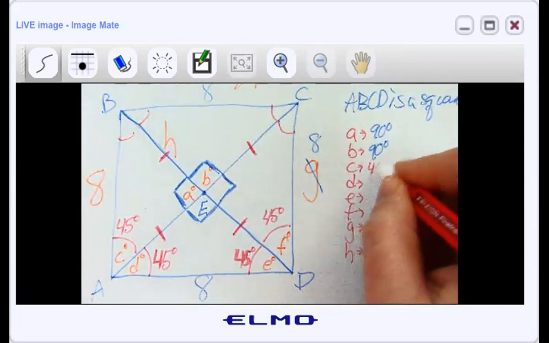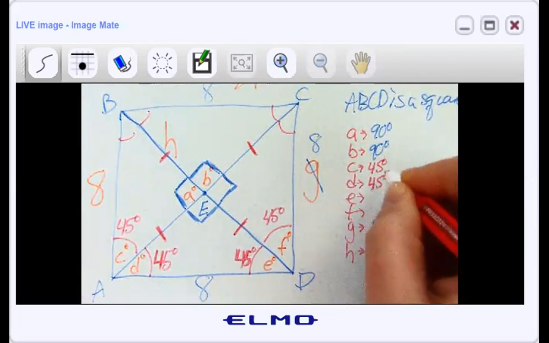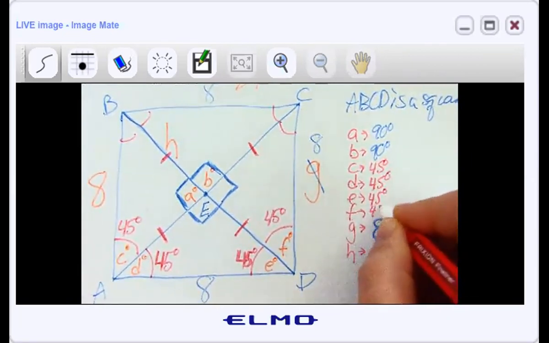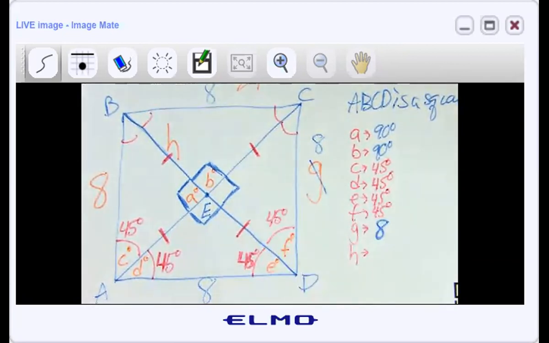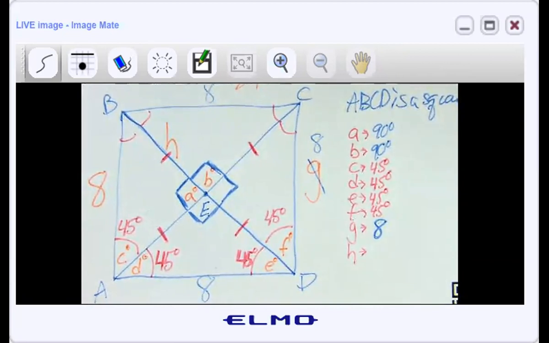All right, so C is 45, D is 45, E is 45, and F. All of those are 45s. So the only piece that's left is this pesky H, right? And I told you that you can find it. You definitely can.